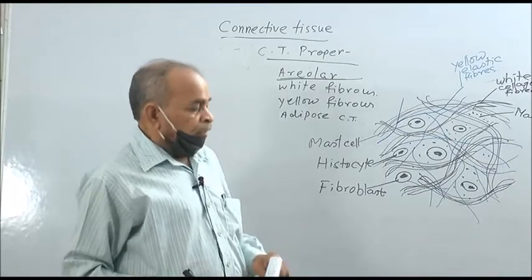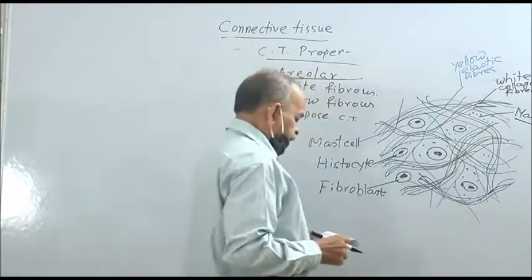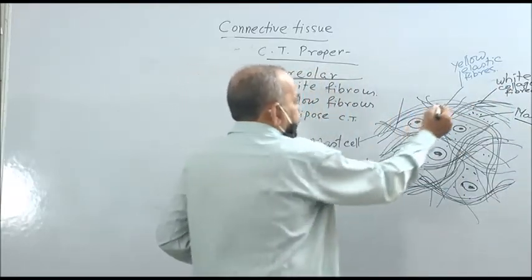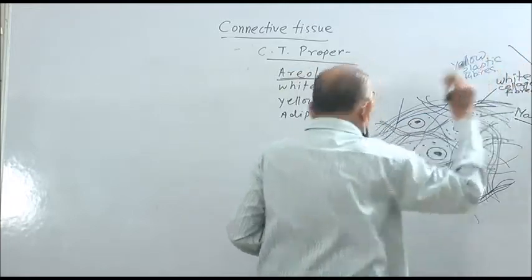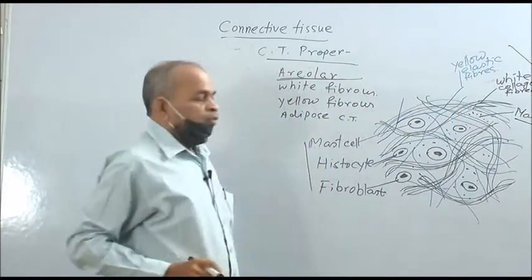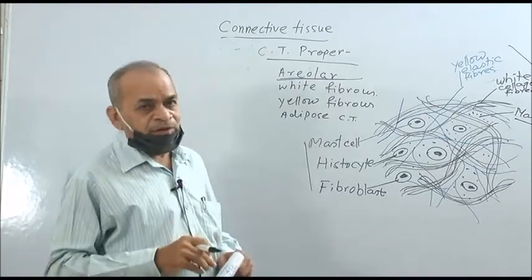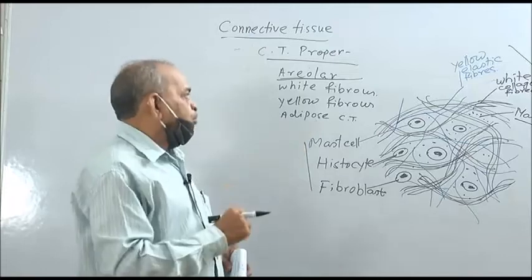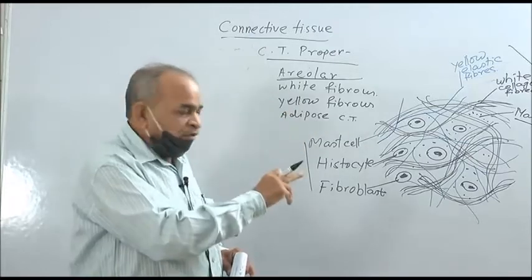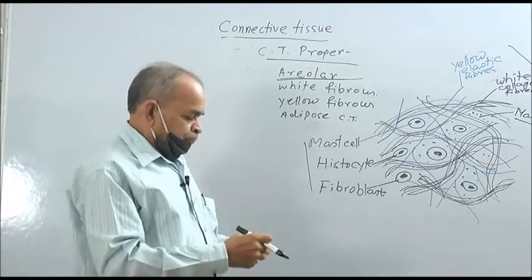These are the matrix, interlacing fibers, and numerous cells. So, three elements are there: the matrix, interlacing fibers, and numerous cells.